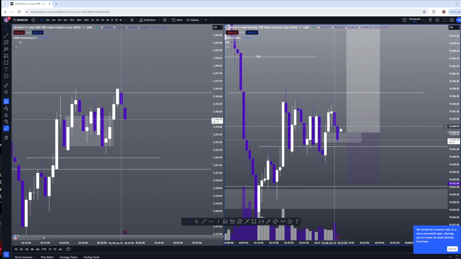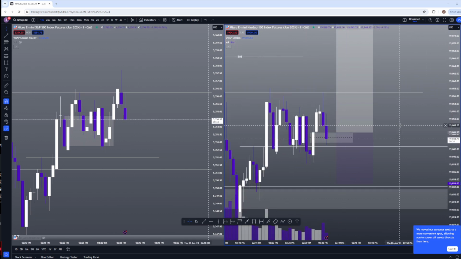We still have not displaced this accumulation range. Looks like we're just trying to trade right through this 1 minute. Okay, we're starting to get a little bit of a reaction. Just still consolidating here.